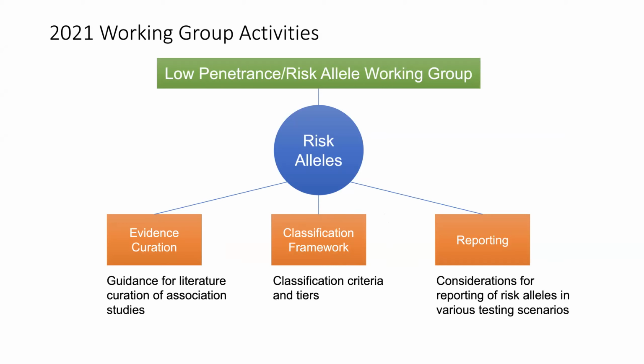It's like the high penetrance system in that there's criteria and there's classification tiers, but it's much simpler. And then considerations that laboratories and others might have in reporting these variants. We're not being prescriptive or telling anyone what to do, but we're sharing some of the discussions we had in our group about the considerations that one might have when presented with this type of variant.